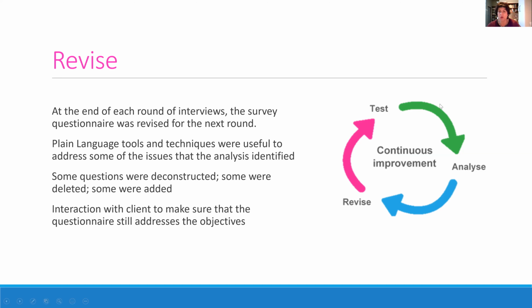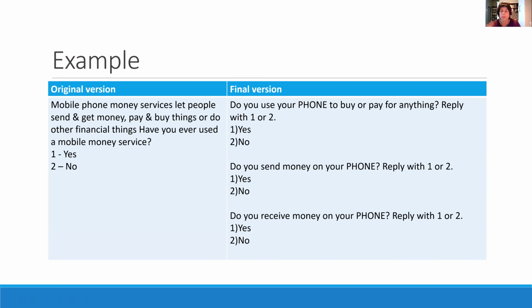And then we went round and round and did 5 rounds. Here's an example of a version where we completely deconstructed it. The client wanted to find out, have you ever used a mobile money service? And they started to give a description of what is a mobile money service.